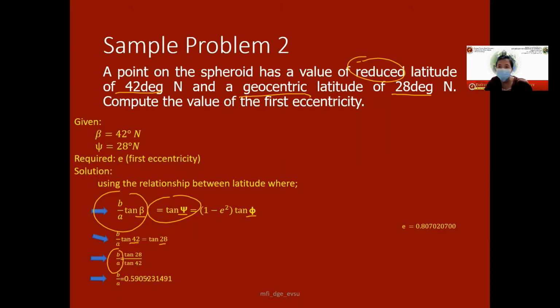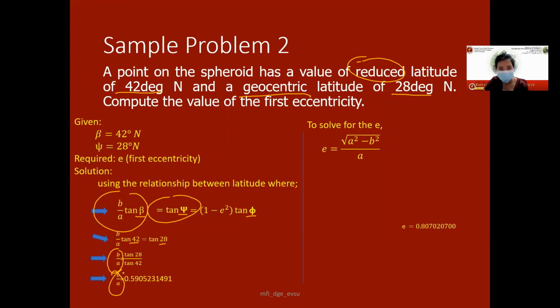Our goal is to compute the value of eccentricity. So now let's go back. What is the formula for determining the value of eccentricity? Let's find out if we can use this value of b over a to compute the eccentricity. Your eccentricity is given by the square root of a squared minus b squared, all over a.